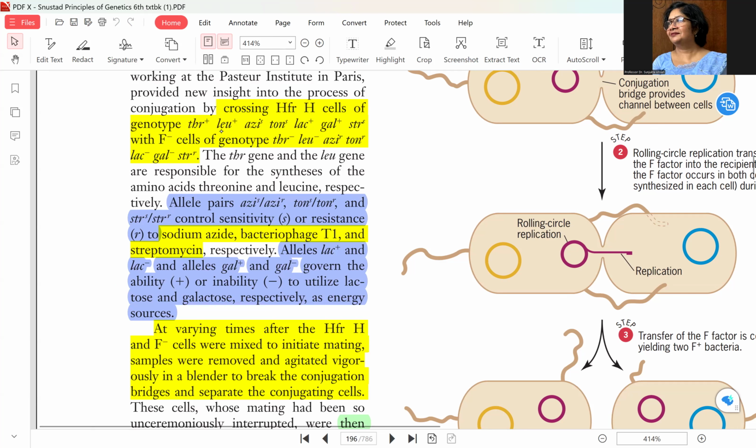All of that sequence can be transferred, and beyond that, certain bacterial genes may also be transferred.